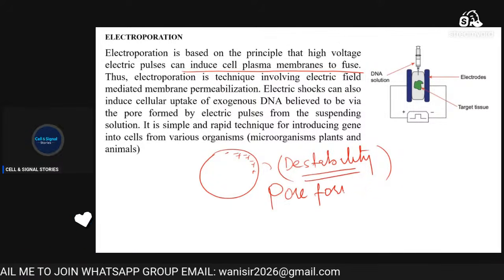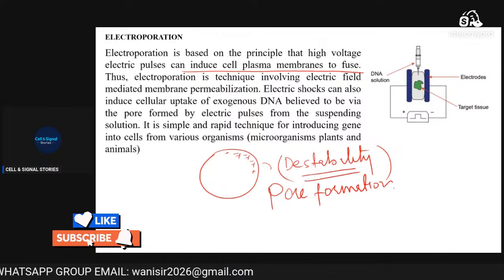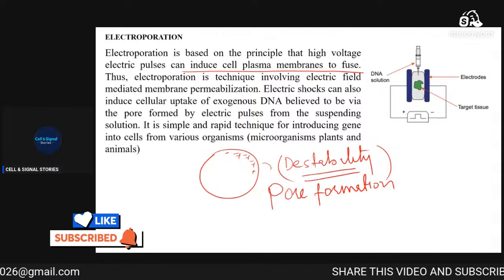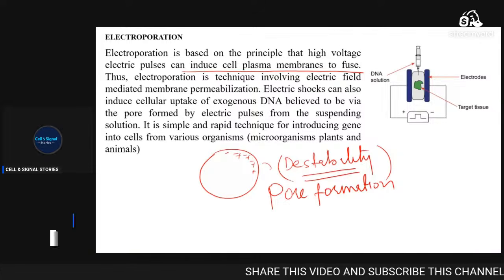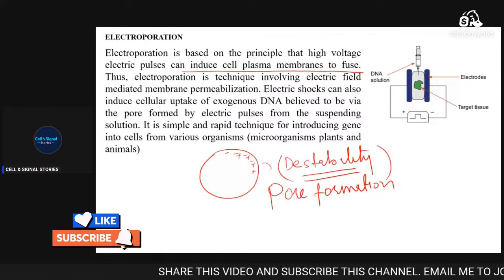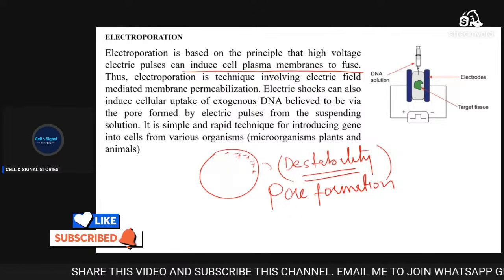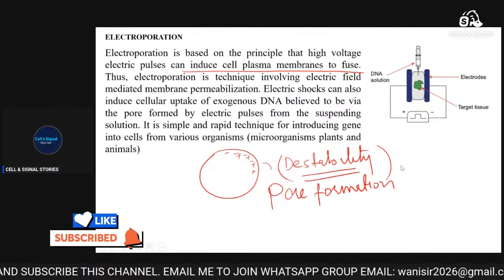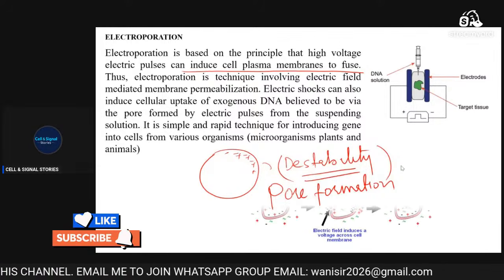Now, this electric shock can induce cellular uptake of exogenous DNA, believed to be via pores from the electric pulse and from the suspended solution. It is a simple, rapid technique for introducing genes into cells of various organisms: microorganisms, plants, and animals.